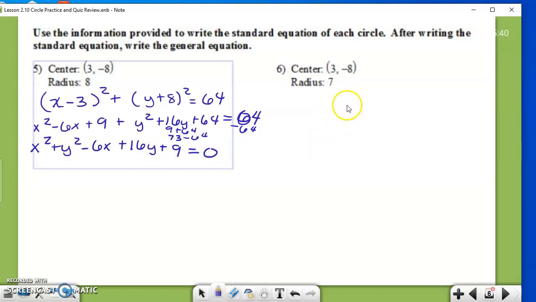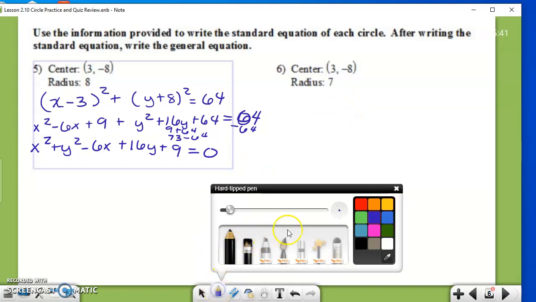Pause the video. See if you can do this one. Come back and check your answer.